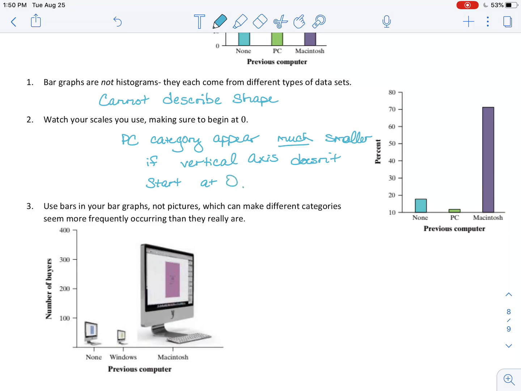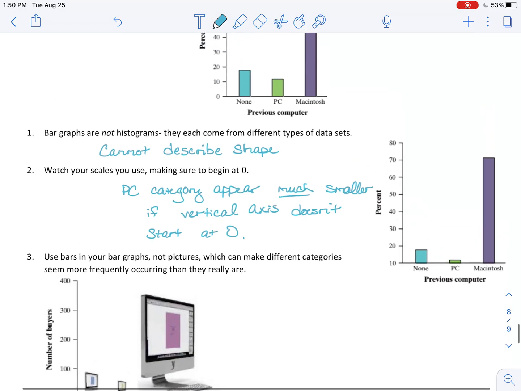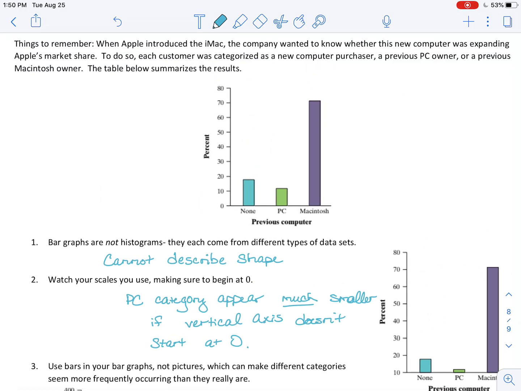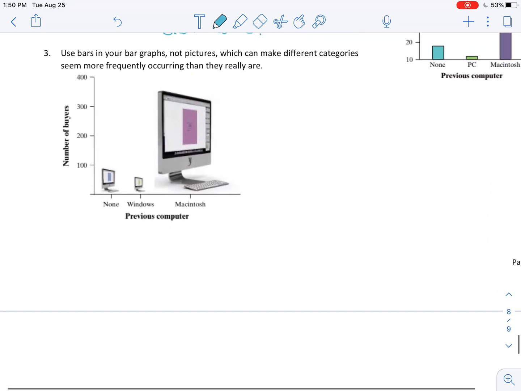And then when you do this, if you were ever doing it in real life, don't use pictures, because as soon as you scale up an image, it's going to make one seem wider. Like this little Windows bar seems really narrow. This Mac one is a huge wide thing because you just expanded an image. And so it just kind of makes it seem like Mac is a really dominant answer here, which, I mean, it is the most common answer, but it is much more clean and meaningful to just use bars and to not make one category seem like 10 times larger than another, because that's what's looking here.